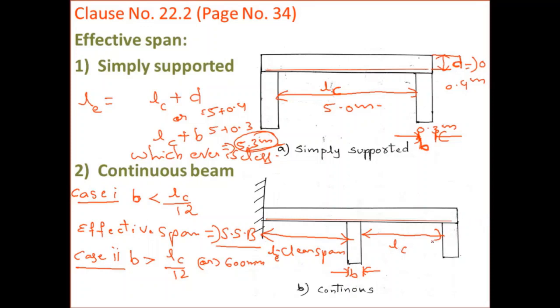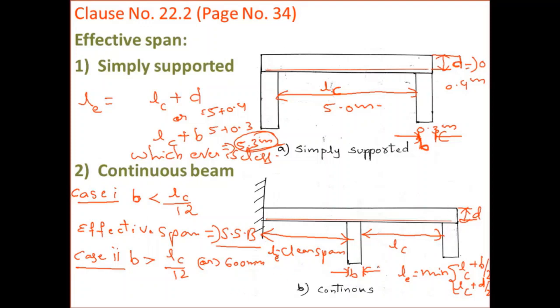Now in this condition, the effective span LE will be taken as the minimum of LC plus B by 2 or LC plus D by 2. Already you know what D is here: D means effective depth and B means support width. So you have to take the minimum of LC plus B by 2 or LC plus D by 2.